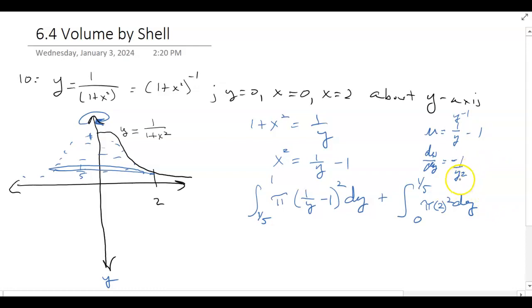Well, you don't have a 1 over y squared in this function. You can't integrate that with the techniques you know at this point.